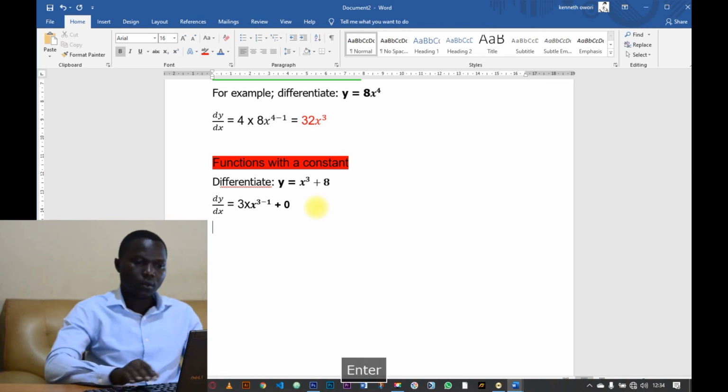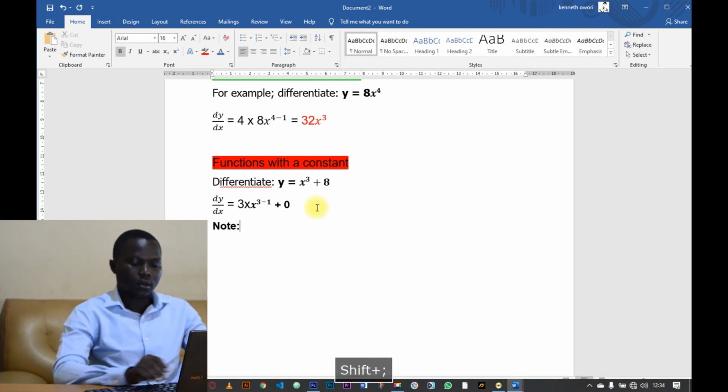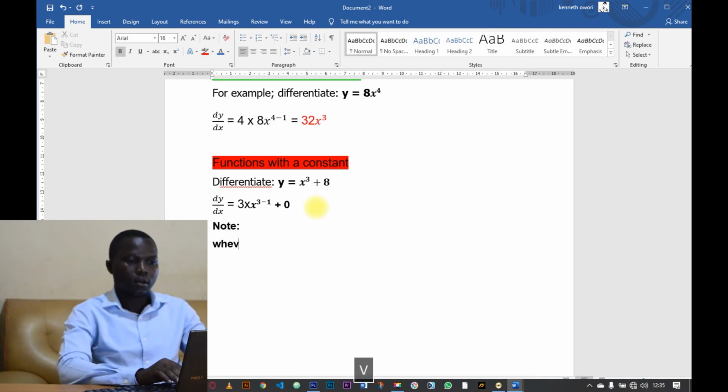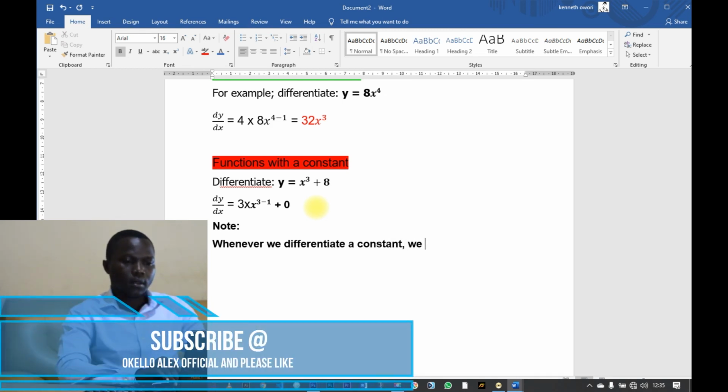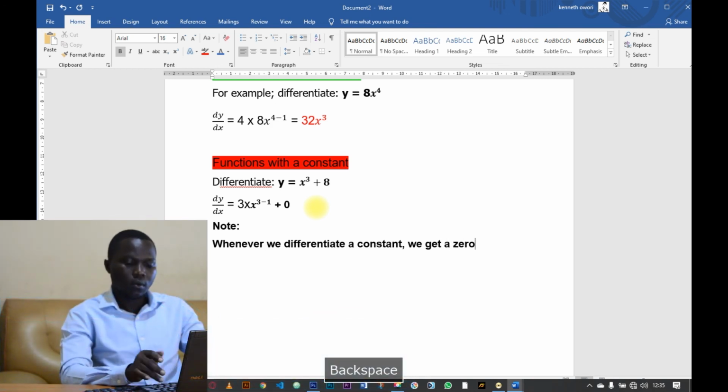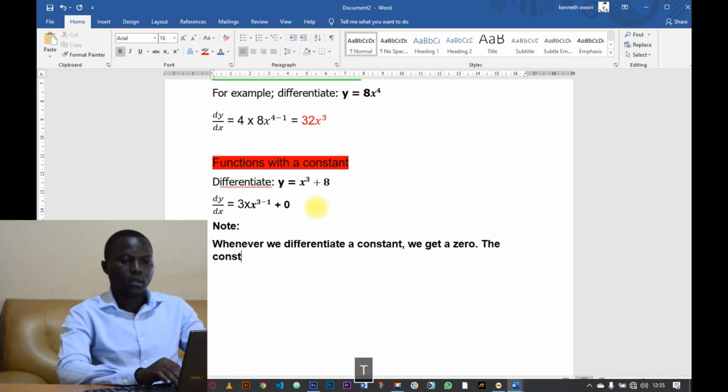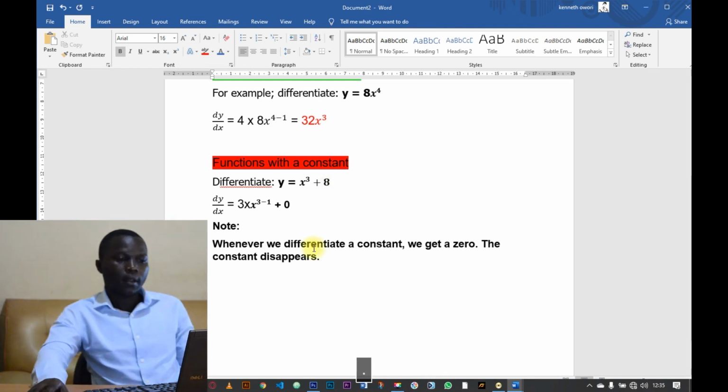Because whenever we differentiate a constant, for this example 8 is a constant, we get a 0, or the constant disappears. Take note of that. The constant disappears.